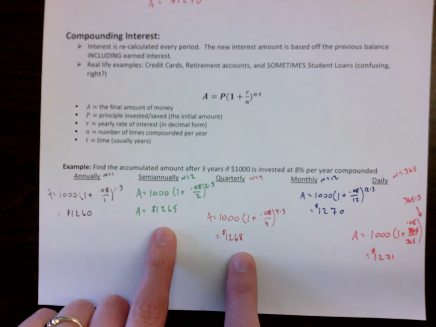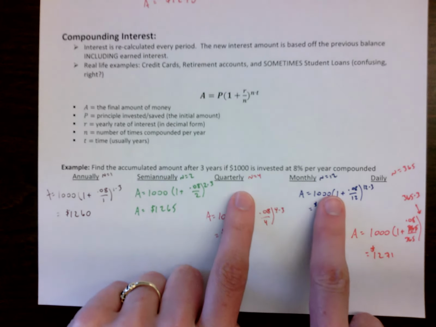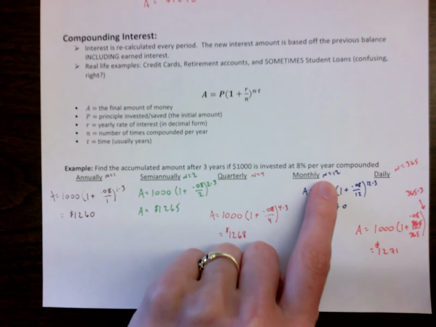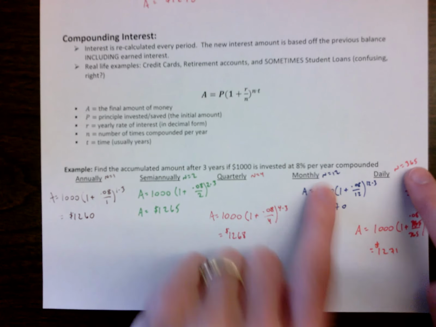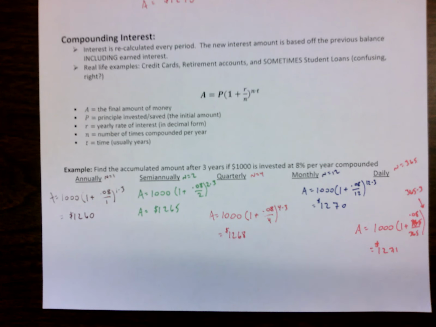Here we went from 2 to 4 and we only gained $3. Here we went from 4 to 12 and the difference is only $2. And then we went from 12 compounding periods to 365 and we only added $1. So does it make a difference if you compound more? Absolutely. But there's a limit to how valuable compounding is.